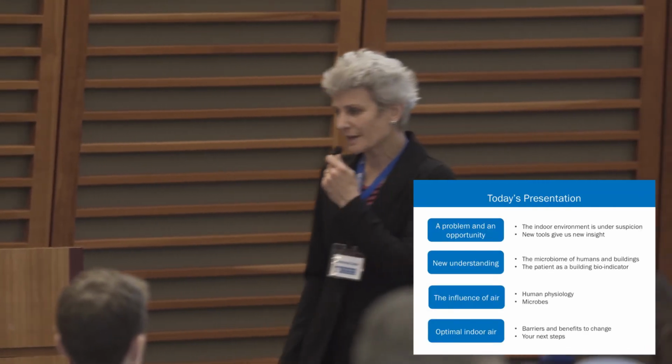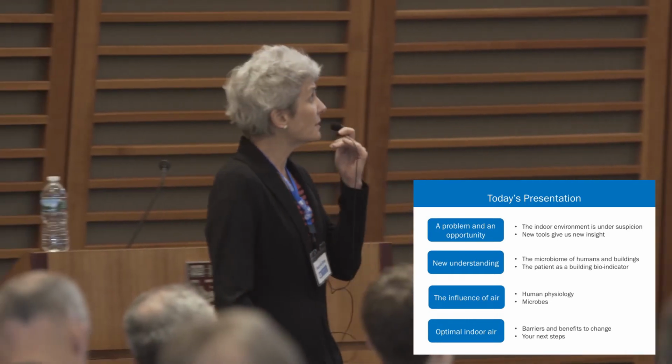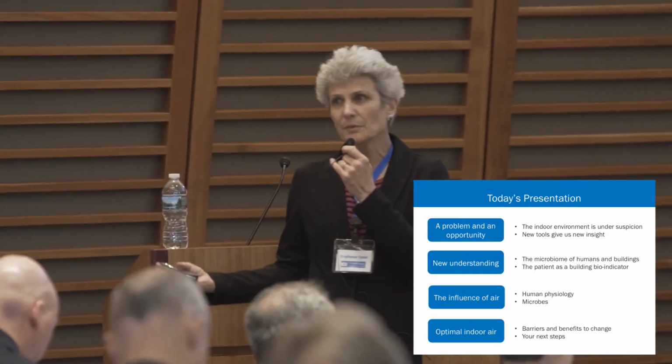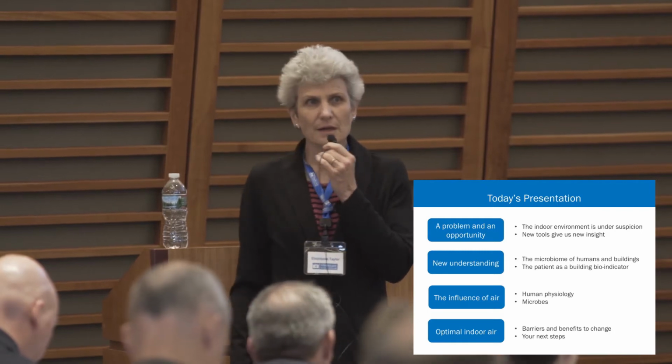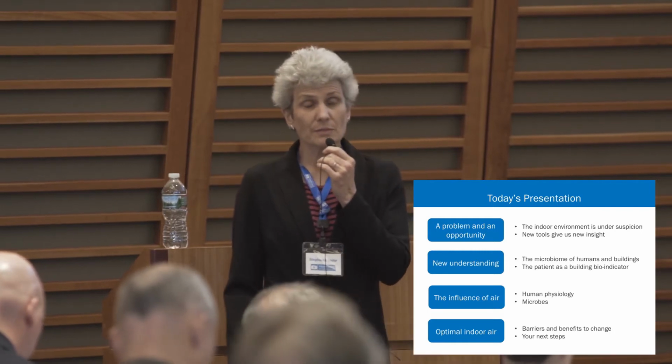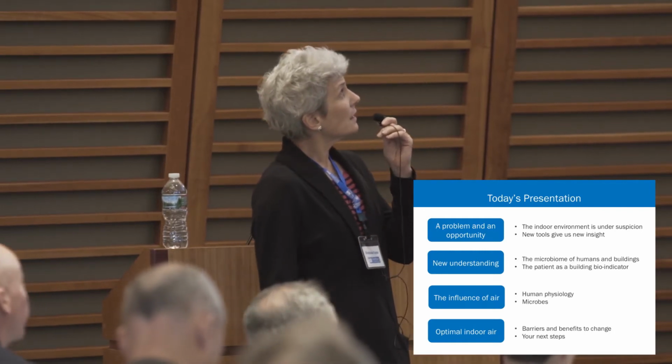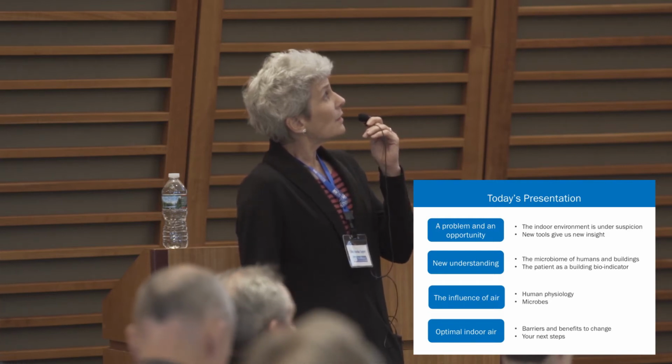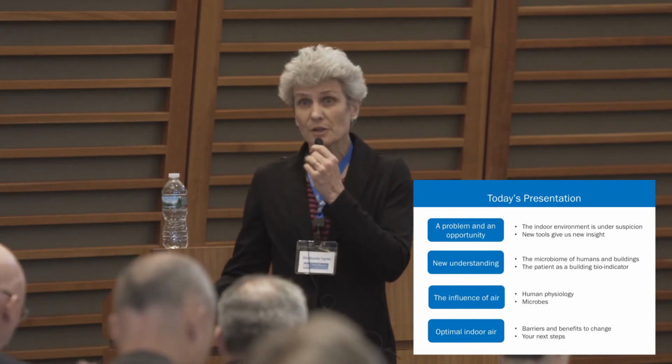Since I can't go on and on forever, I've broken this into 4 parts. So we have a problem. It's manifested in hospitals, for starters, with HAIs. We have, thankfully, these new tools that Jeff told us about.